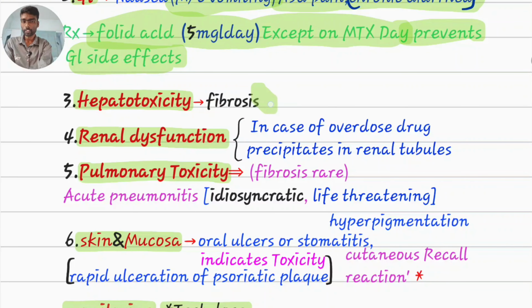Hepatotoxicity in the form of liver fibrosis, lung fibrosis may also occur very rarely. This fibrosis is due to toxic effect on the liver via its metabolites leading to injury, inflammation and finally fibrosis because of chronic usage of drug where cumulative dosages reach very high, like 3 to 4 grams.